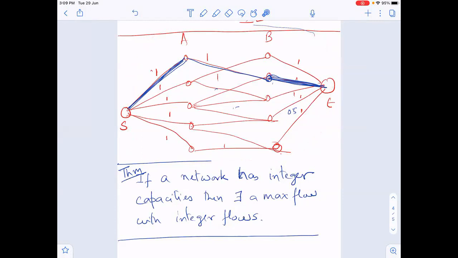I'm not giving you the full or formal proof of it. You think about it. If you're not convinced, let me know.